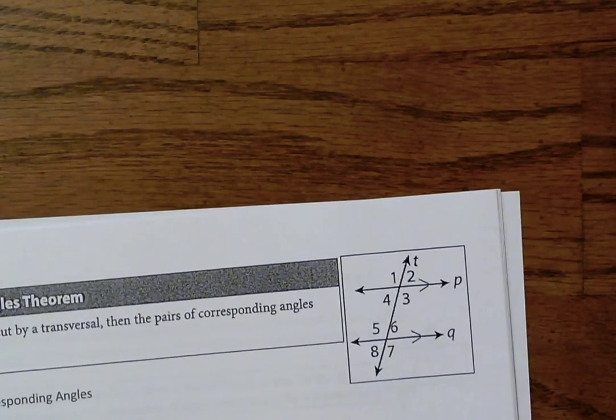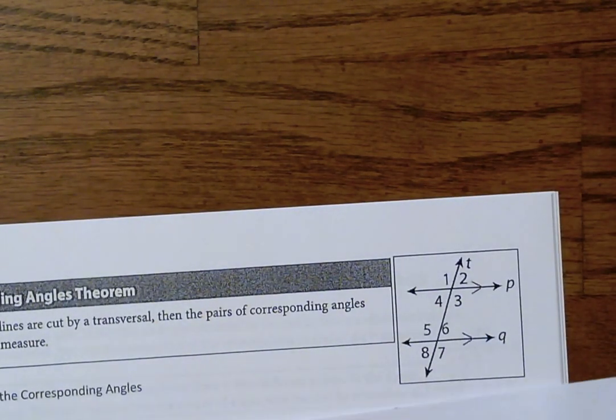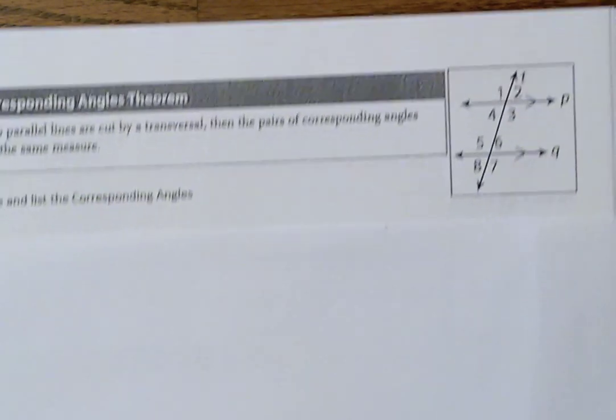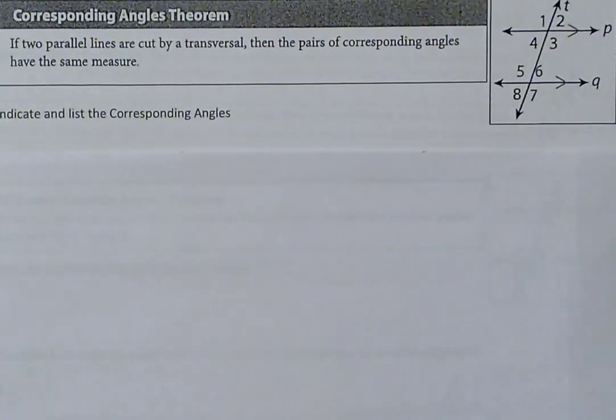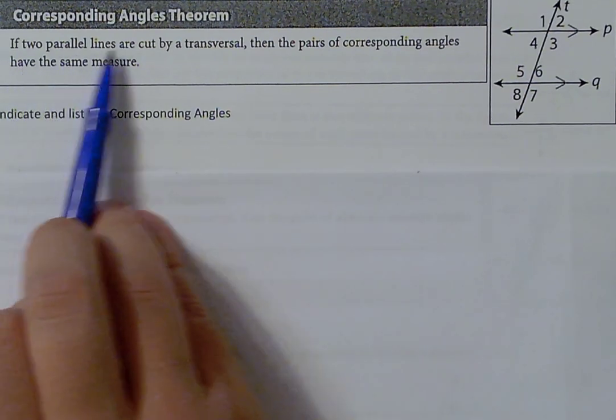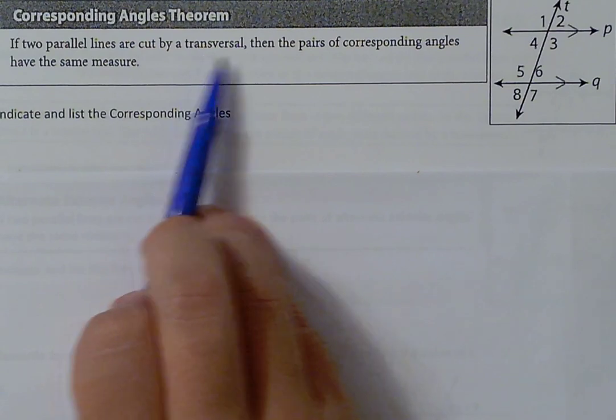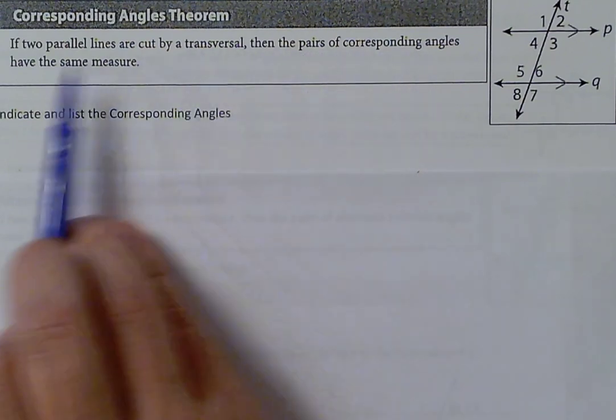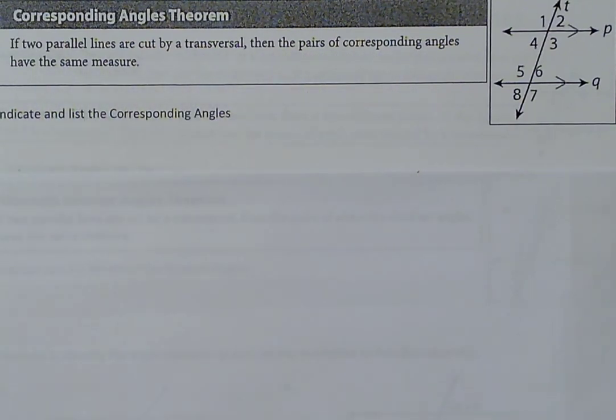Next, we are going to take a look at the corresponding angles theorem. Okay, corresponding angles. If we have two parallel lines cut by a transversal, then the pair of corresponding angles have the same measure.